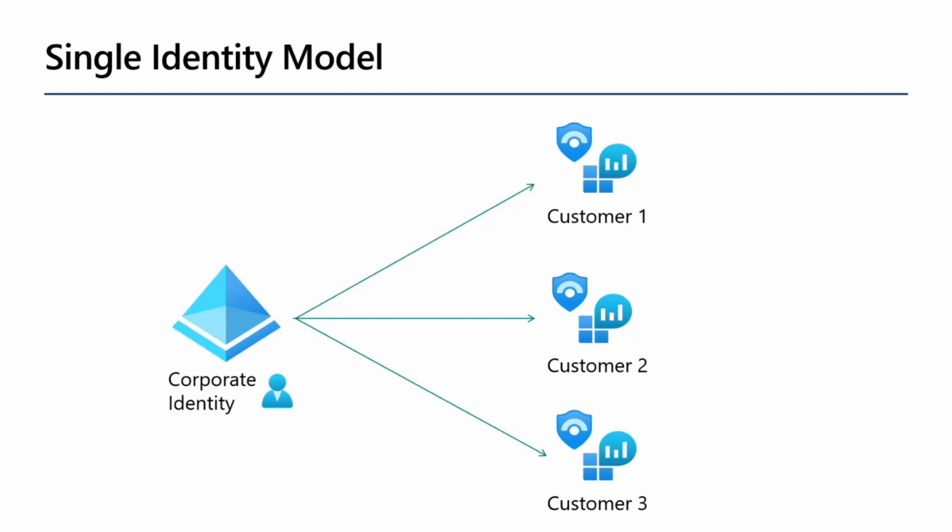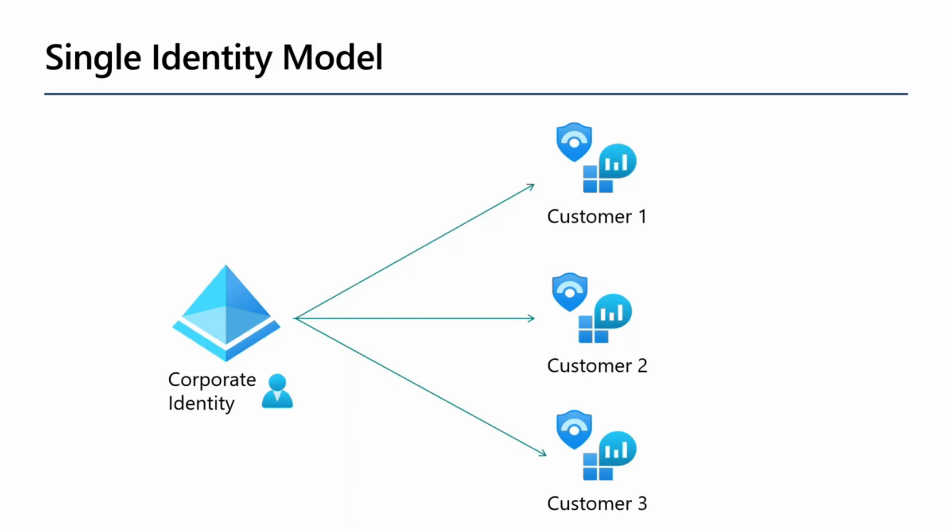But let's start with this model, right? So this is the single identity model. This is where the MSSP corporate identity is used to access customer security services. And I can see this model working for a POC, where you're just testing the configuration, but not really to access real customers.